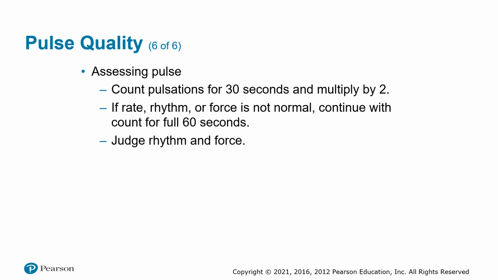When we assess pulse, you want to count pulsations for 30 seconds and multiply by 2. If the rate, rhythm, or force is not normal, continue with a count for a full 60 seconds. Then you're going to judge the rhythm and force based on what you have experience with.